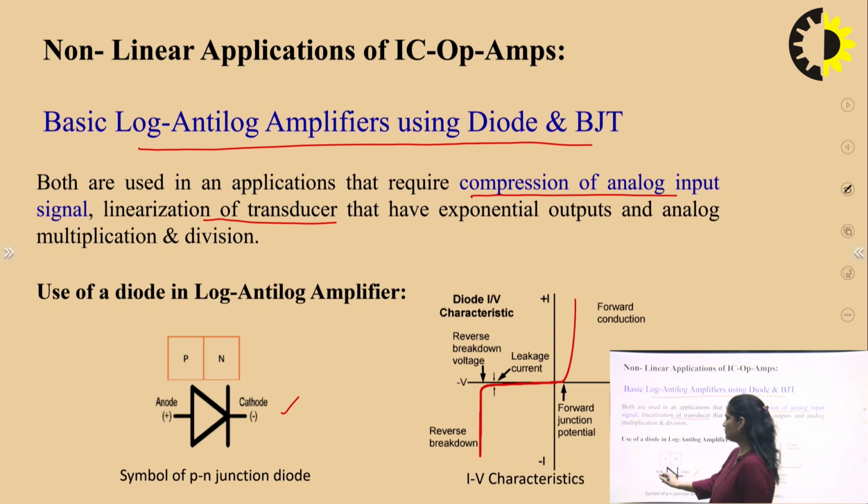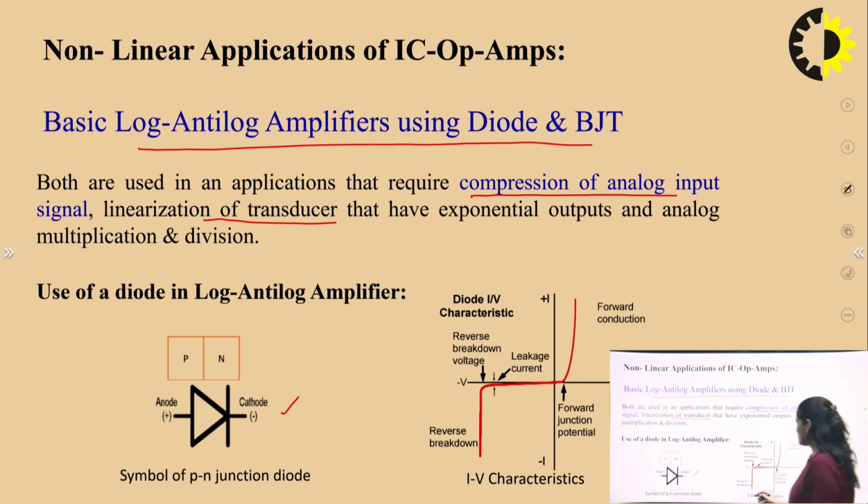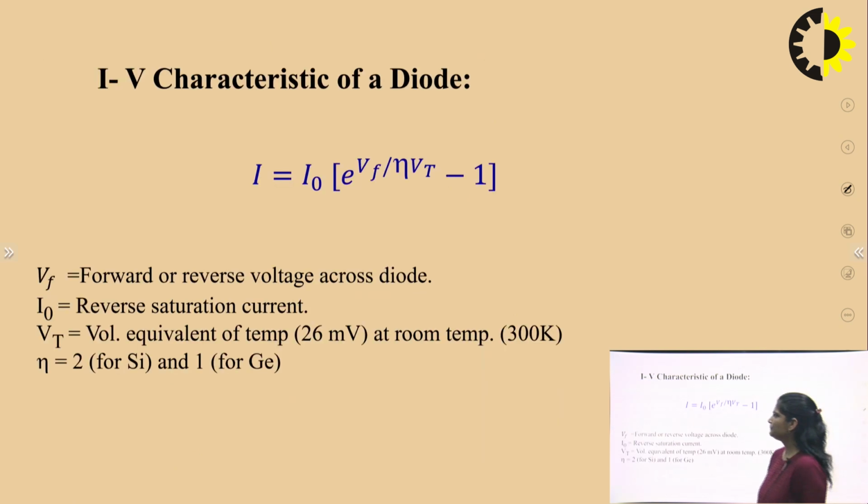Now, if the battery negative is connected to the positive terminal of the diode and positive to the negative terminal, it works in reverse bias and it is an open circuit. This is the IV characteristics of this diode. In forward conduction, your VI characteristics is like this, and in reverse breakdown, it is like this. This is the IV characteristic of a diode.